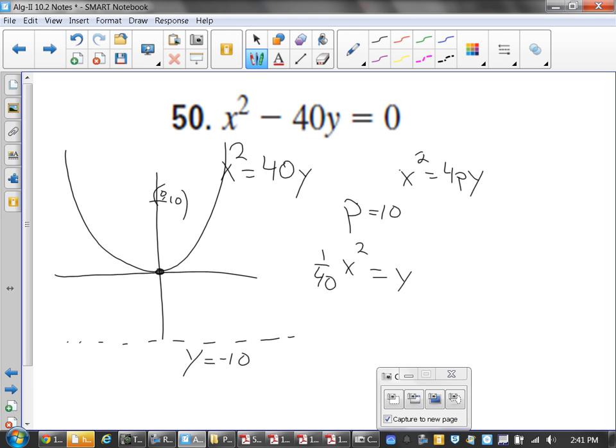What I'm thinking of here, though, is I want some value of x that, when I square it, is divisible by 40. That's going to be kind of weird, but what if I chose x equals 2? What's 2 squared? 4. What's 4 over 40? 1/10.